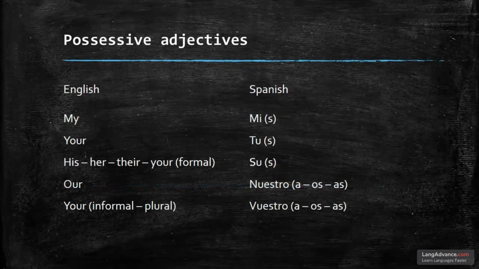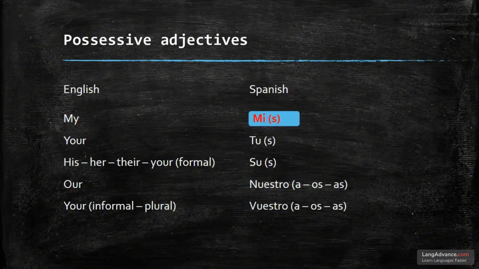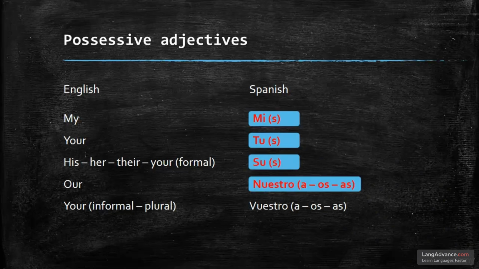There are 5 possessive adjectives. My translates to mi. Informally, your becomes tu. His, her, their, or your formally is su. Our is translated to nuestro, with other variations for different genders.